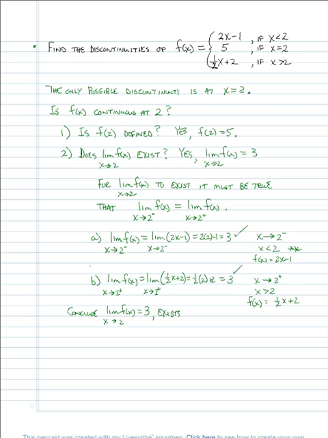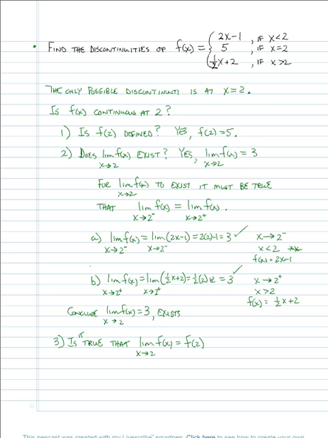So far, it's passed the first two conditions. Now, the third condition is this question. Is it true or false that the limit of f of x as x approaches 2 is equal to f of 2? That's the third condition that has to be true, right?